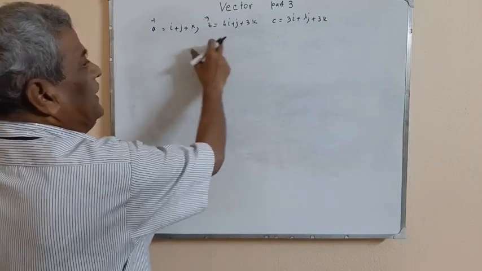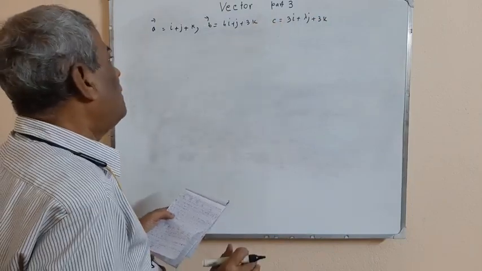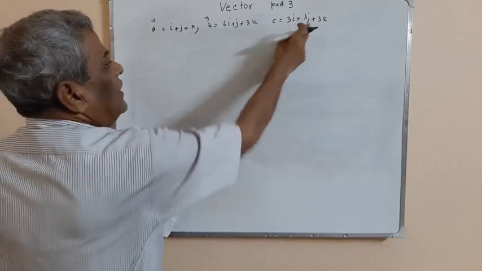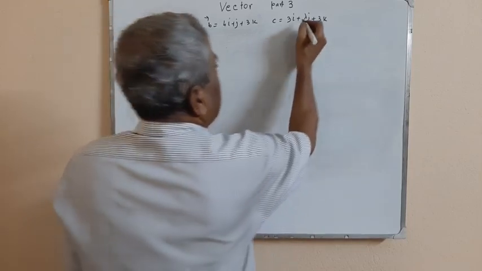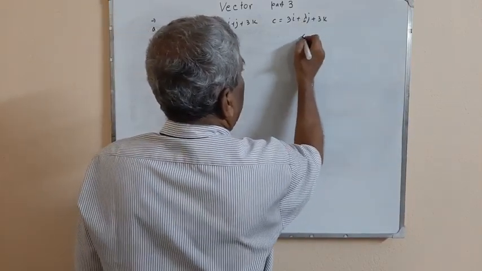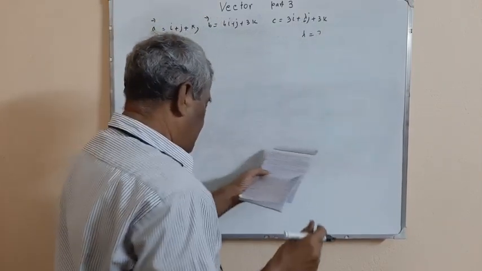Given that A, B and C, whose components are given, are coplanar, we have to find the unknown quantity lambda. Then lambda is equal to what?